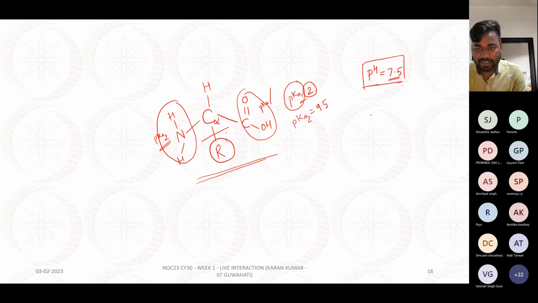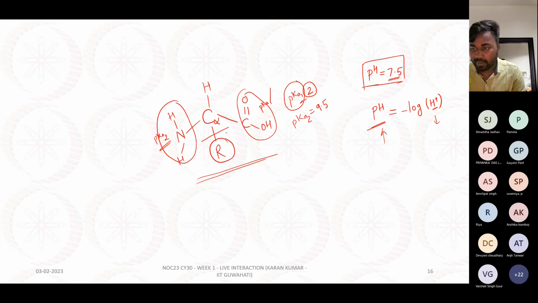So how will you determine whether this will be in positive charge, or in which charge it will exist? You can recall pH: what is the formula of pH? pH is minus log of H plus, where if pH is higher, then the concentration of H plus will be low because the negative sign is there.